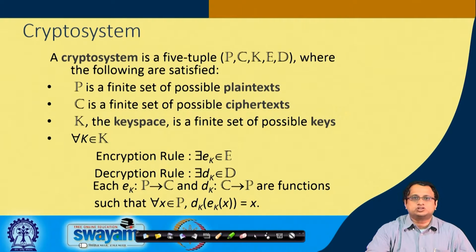The moment I choose a specific key, say a small k, two things get decided: an encryption rule and a decryption rule. The encryption rule, denoted E_K, belongs to the encryption family, and likewise D_K belongs to the decryption family.